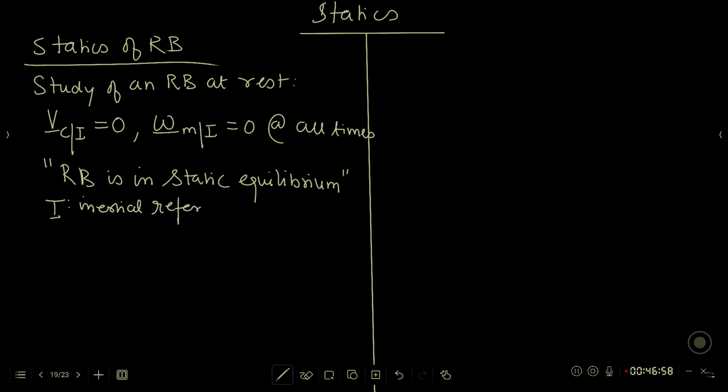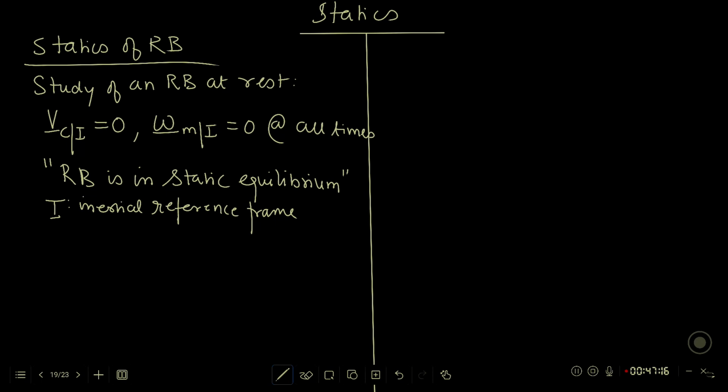Reference frame is still important. An RB which appears to be static or at rest with respect to one frame will appear to be moving with respect to another frame. So frame is still important.